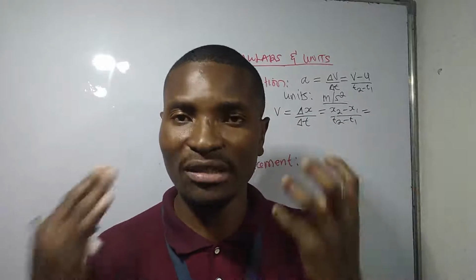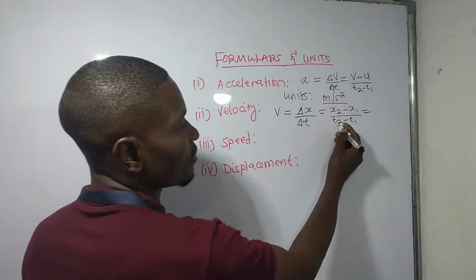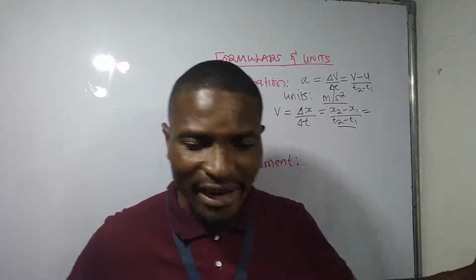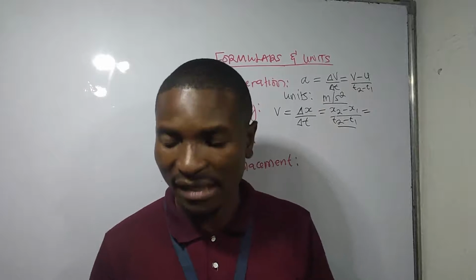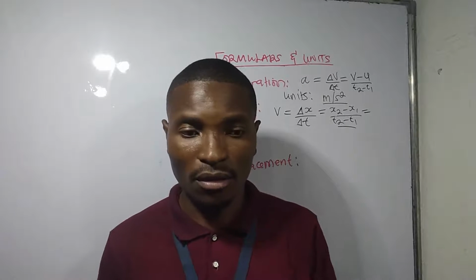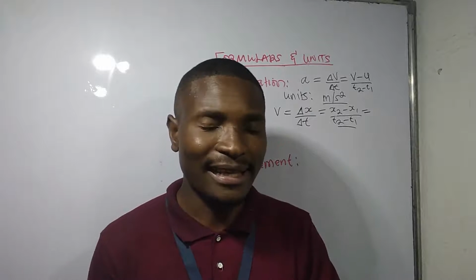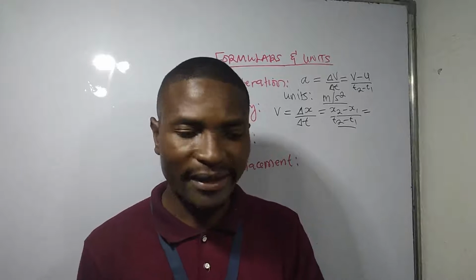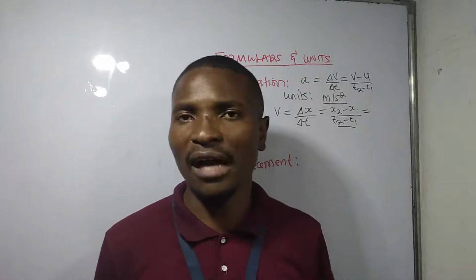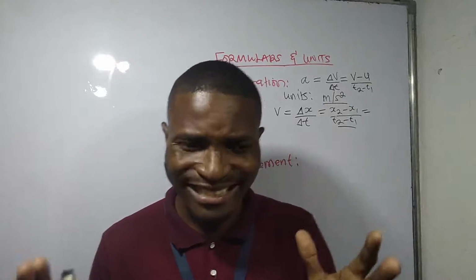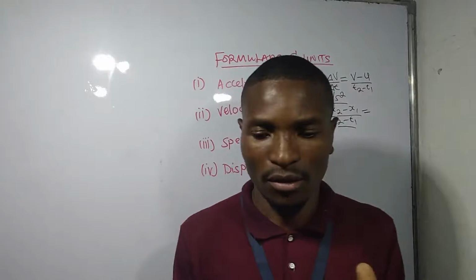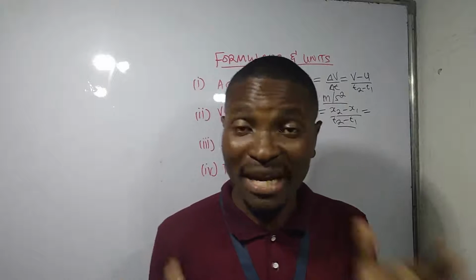That's the total displacement. And whatever is set in motion must have a time limit, the time bound: the initial time up to the final time in which the object is measured.